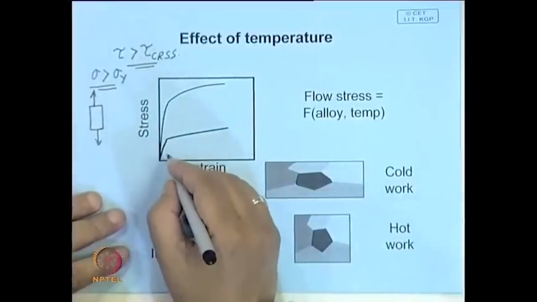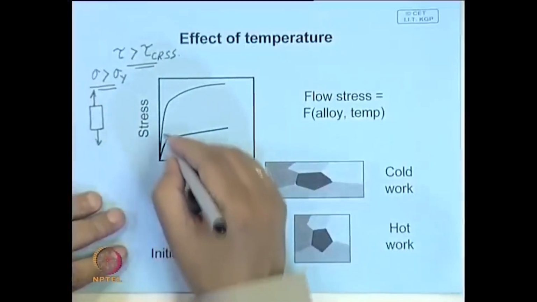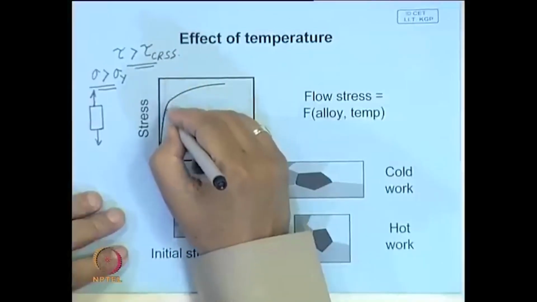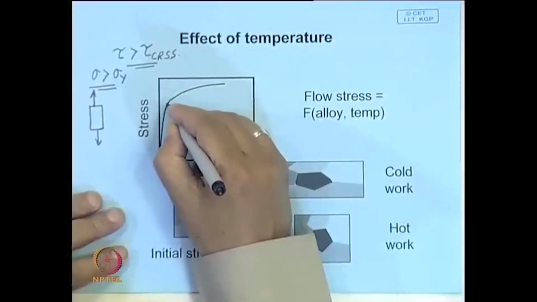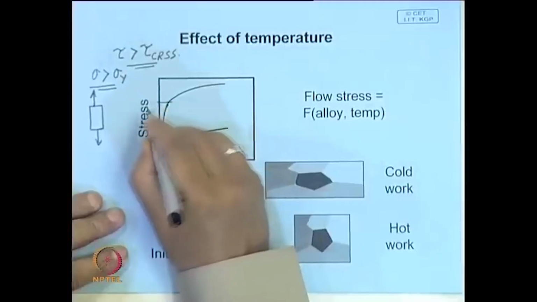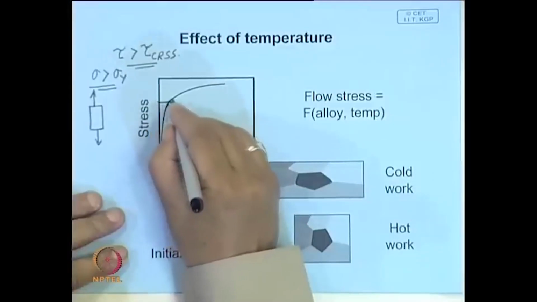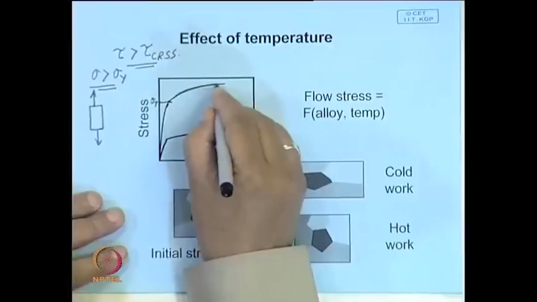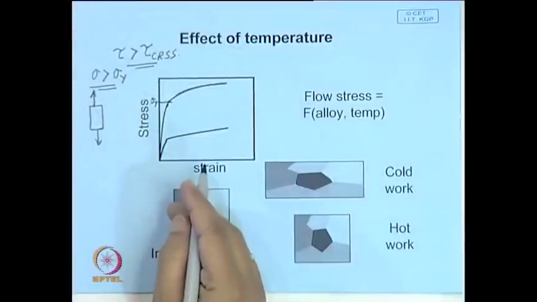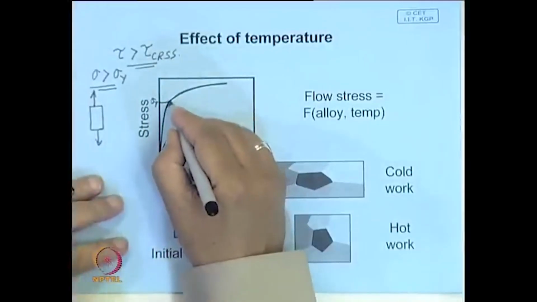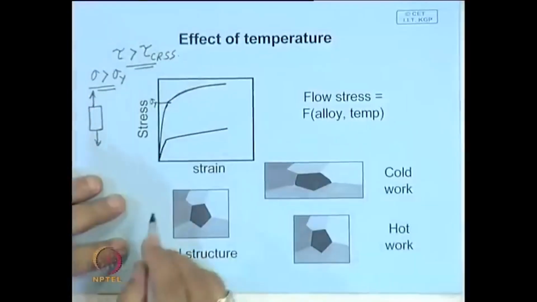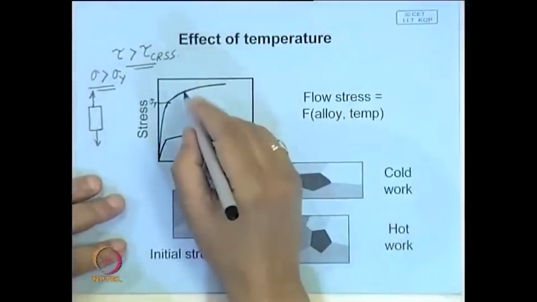And the typical stress versus strain plot is something like this. There is no doubt an elastic portion where it is linear, and once the yield stress is exceeded, we say that this is the plastic region. In metal working, we are more interested in this part, and we often ignore the elastic part.